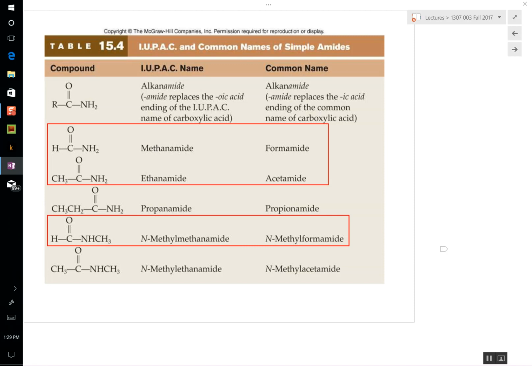You know formaldehyde, one carbon. You know formic acid, one carbon. And now formamide, one carbon. And then here's two carbons, ethanamide, also acetamide. It's probably called acetamide more than anything else.